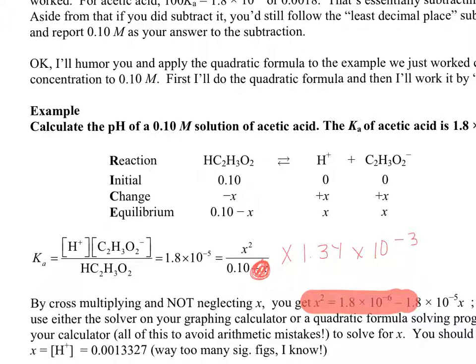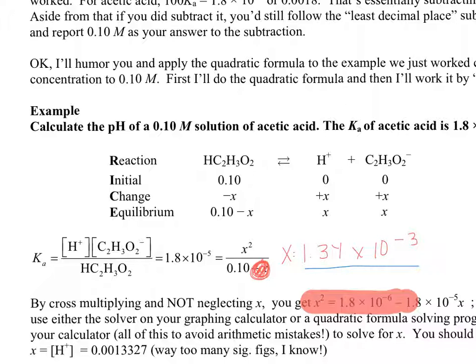That is my x. Okay, now we talked about how you can negate x if it is added or subtracted, and I want to explain why. If x is going to be really small, which it is pretty small here, 1.34 times 10 to the negative 3rd, then adding or subtracting that from a number is not really going to change the number's value very much.